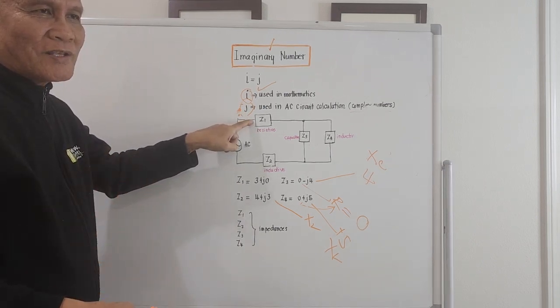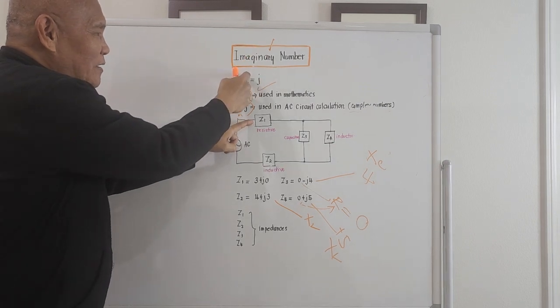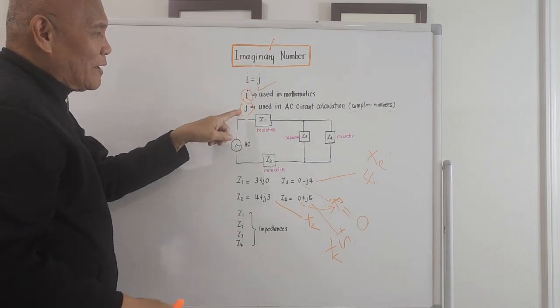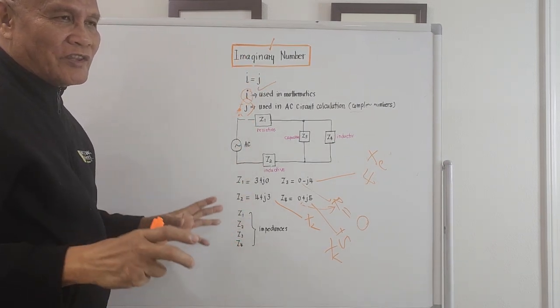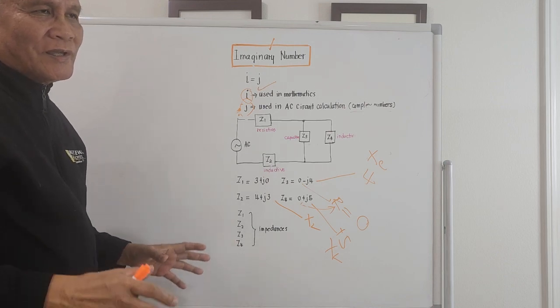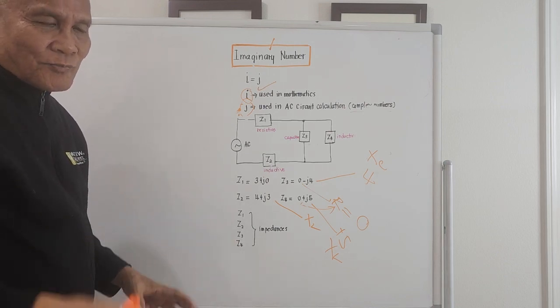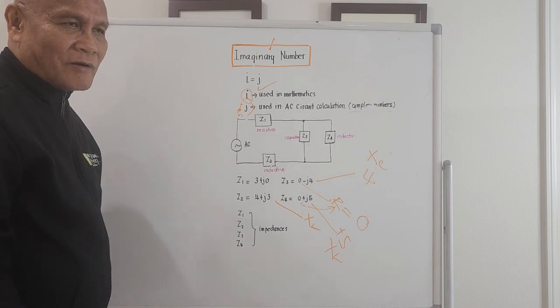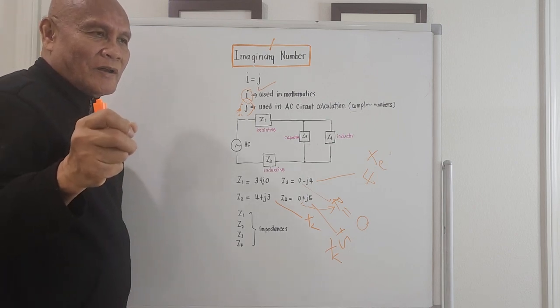So the importance of this imaginary I, which is equivalent to this letter J, is in the computation of alternating current circuits for utility lines. Okay, good morning from Los Angeles.